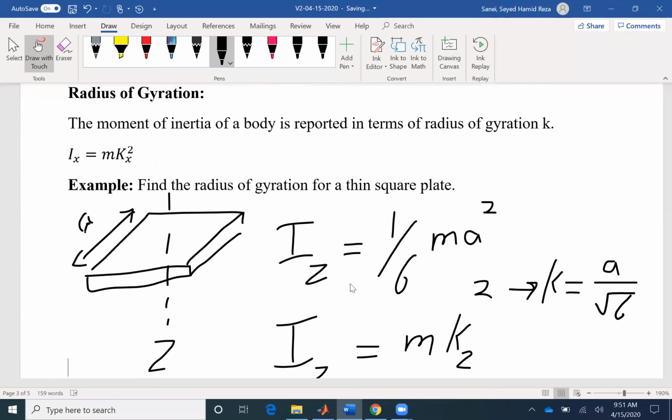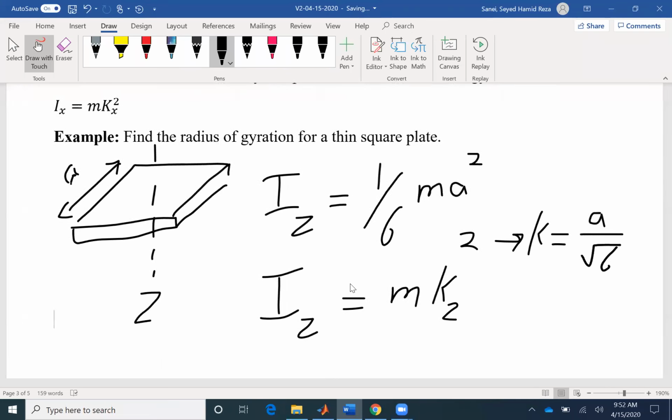So the radius of gyration does not add anything or change anything about the moment of inertia. It's just a new way of reporting the moment of inertia. Instead of using different equations, usually in different books, they report the moment of inertia as m k squared, and now for different objects, we have different k's.